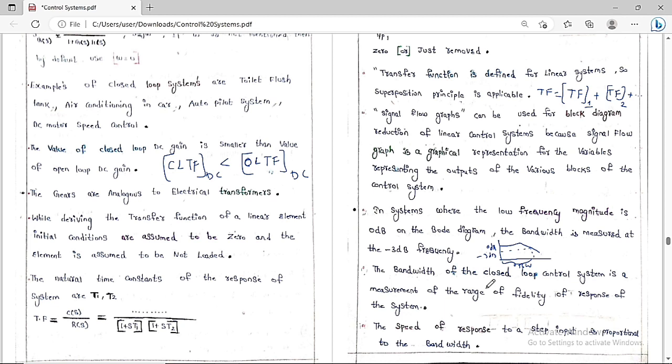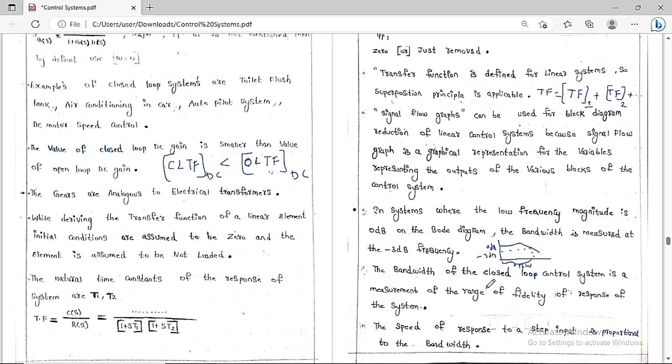So only this range is possible. That is the meaning of this statement: the bandwidth of the closed loop control system is a measurement of the range of the fidelity of the response of the system.